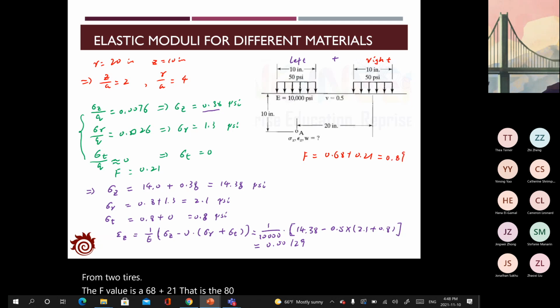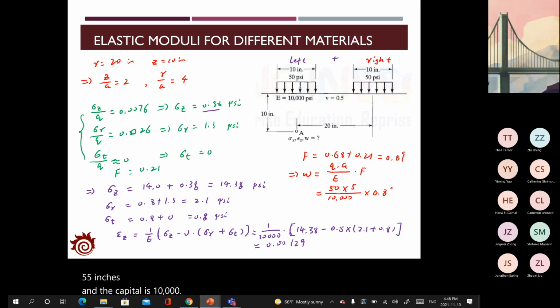And we know that the deflection omega equals Q times A divided by E times F. So Q is 50, A is 5 inches, and capital E is 10,000.